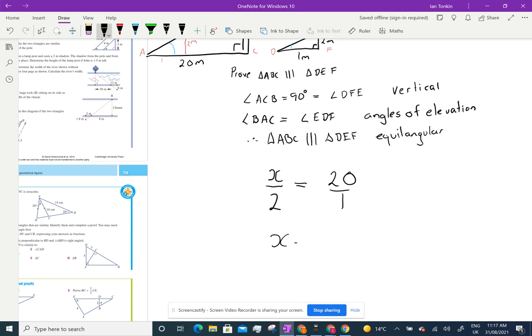So x equals 2 times 20. The tree's 40 metres high. That's one big tree. I'm just going to go and check the answers. 40 metres. Righto.